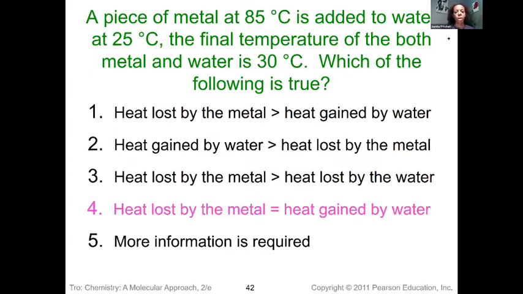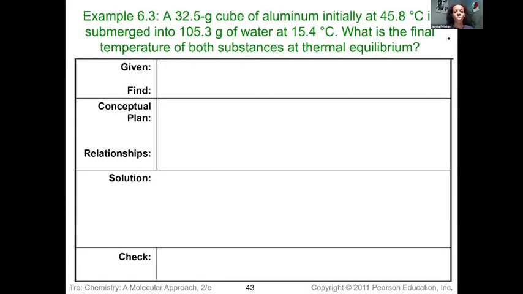Okay. All right, so let's try putting this into a problem. It says a 35 gram cube of aluminum initially at 45.8 degrees Celsius is submerged into 105.3 grams of water at 15.4 degrees Celsius. What is the final temperature of both substances at thermal equilibrium?